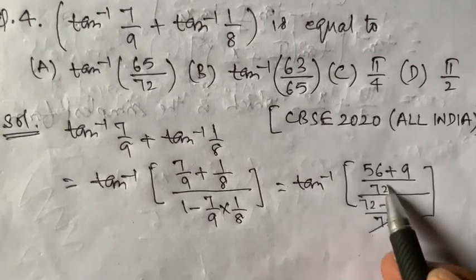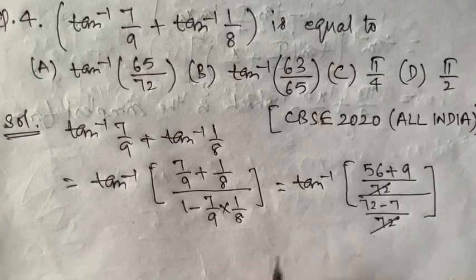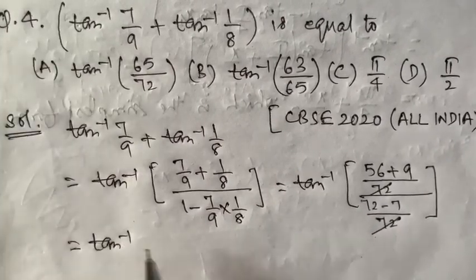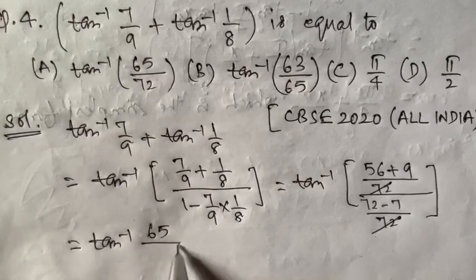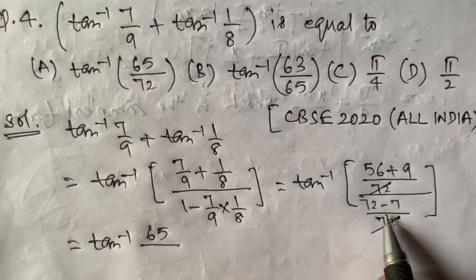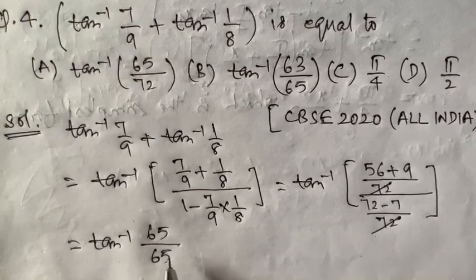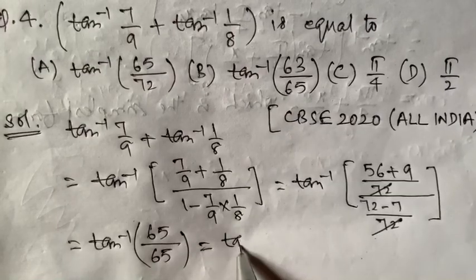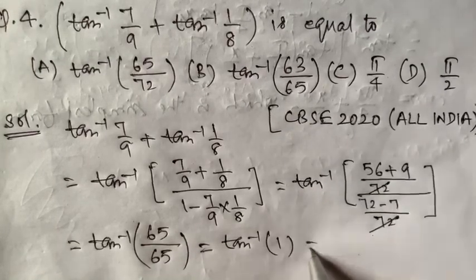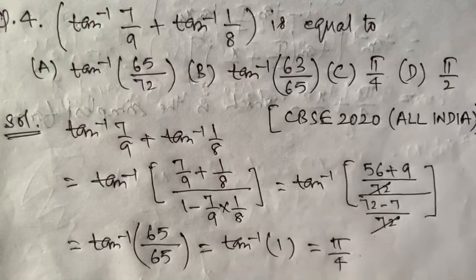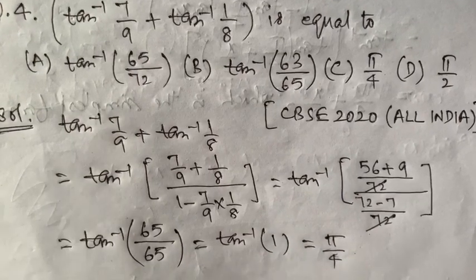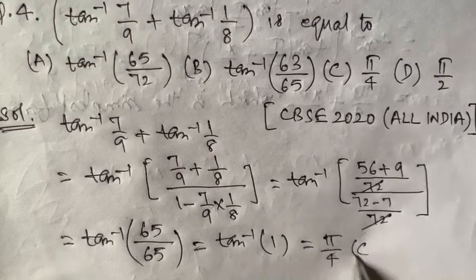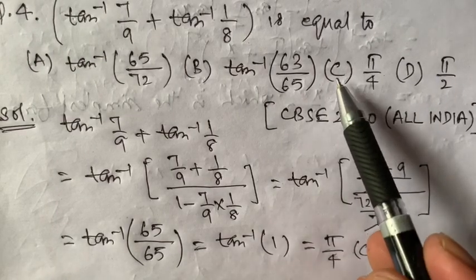Now from both the denominators 72 will cancel, and it will give us tan inverse of 65 upon, it is again 65, so it is tan inverse of 1, and tan inverse of 1 is pi by 4. Tan inverse of 1 is pi by 4. So option C is correct.